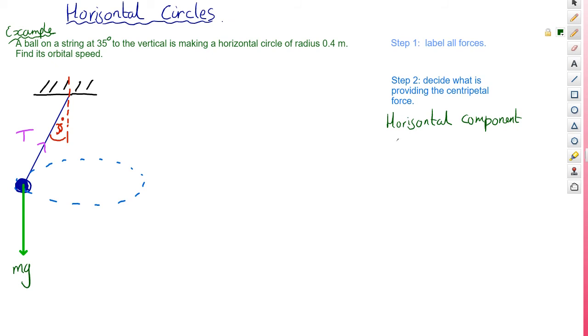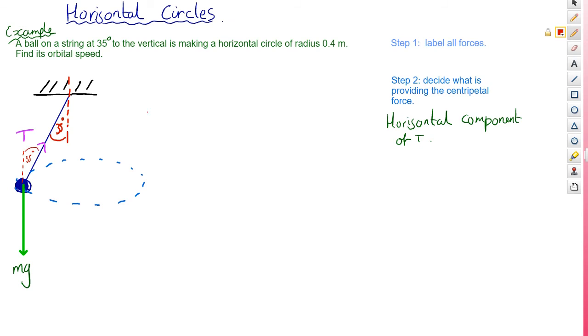So we've come quite a long way. We now know what is making it go in the circle, what is the resultant force acting towards the centre of the circle, and so we can set that equal to mv squared over r. So let's have a go at that. Well, the horizontal component of T, clearly this angle is also 35 degrees here.